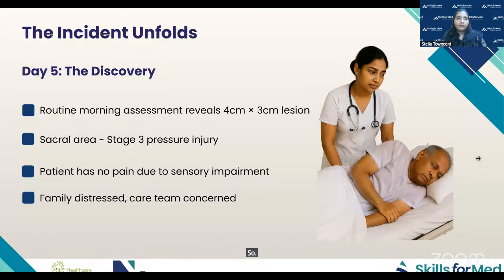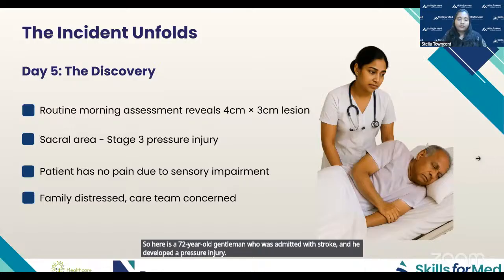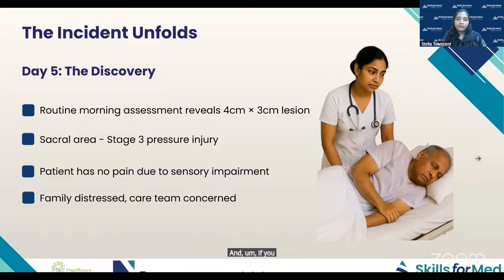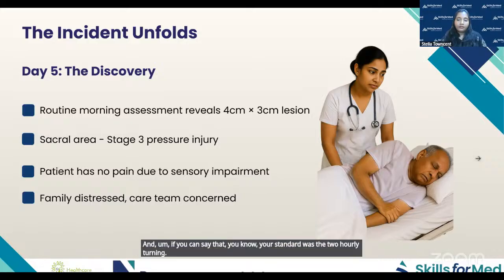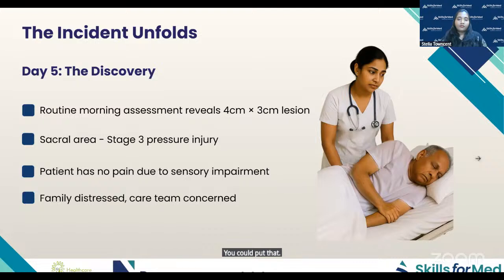So whenever a pressure injury happens, it becomes a very important point, and you also need to tell what impact it had on the patient and on the general care. So here is a 72-year-old gentleman who was admitted with stroke, and he developed a pressure injury. And if your standard was 2 hourly turning, you could put that in: in spite of 2 hourly turning, or was the 2 hourly turning missing.